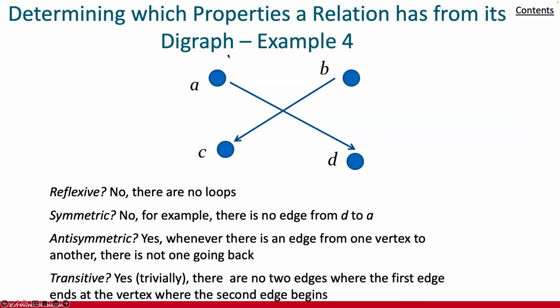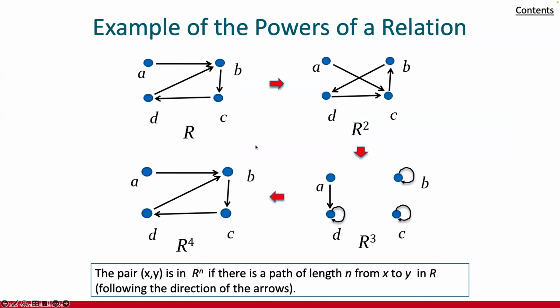So those are just some examples of digraphs, and hopefully that gives you a little bit more perspective of how this would work. I'm not going to go into this in much detail, but here's an example of the powers, r squared, r cubed, and r to the fourth.